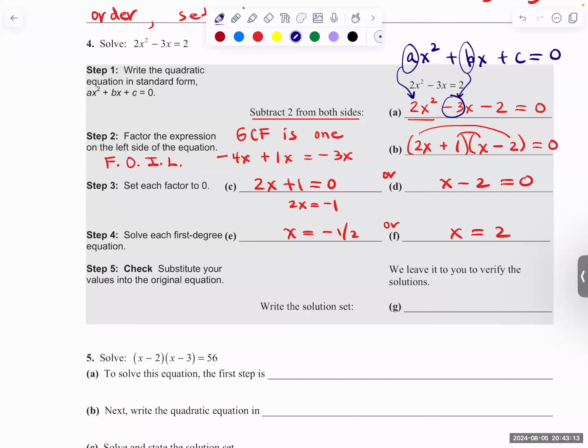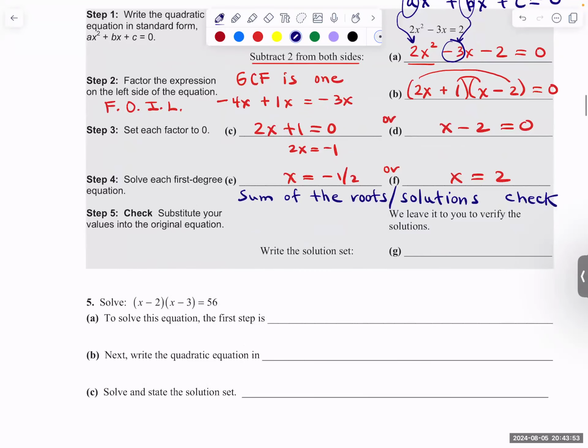The minus is going with the middle term, because you consider standard form, which is only addition, no subtraction. So B in standard form is negative 3. So another way to check is called the sum of the roots method for checking. Roots is another word for solutions.